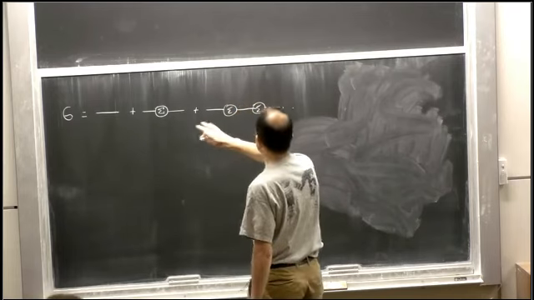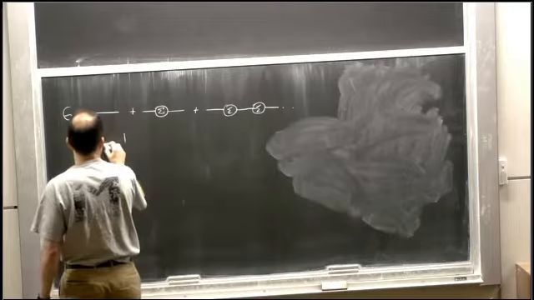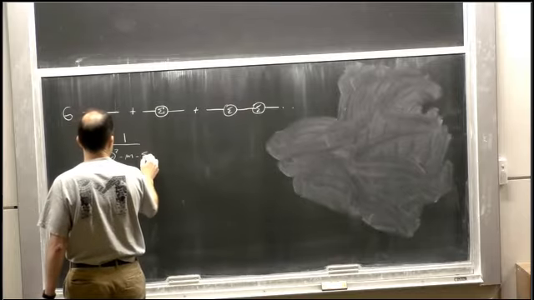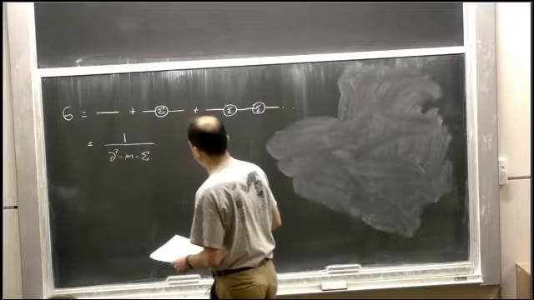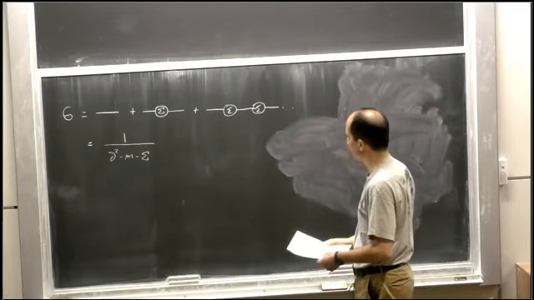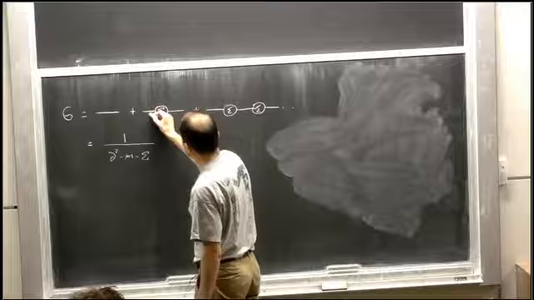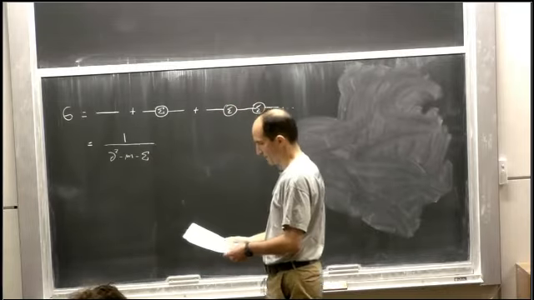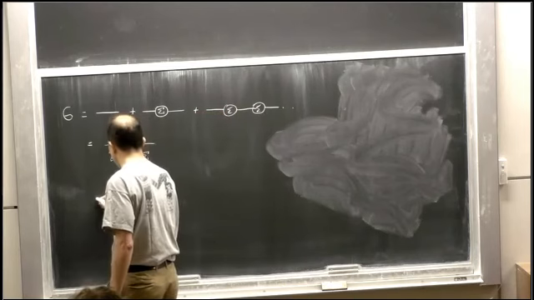This you can do for any field theory. This expansion just gives 1 over p squared minus m minus sigma. This is sometimes called the self-energy. So for any theory, you can write the propagator this way. Here sigma would be something that in momentum space would depend on momentum. And what's special about these theories is that you can write an equation for sigma.